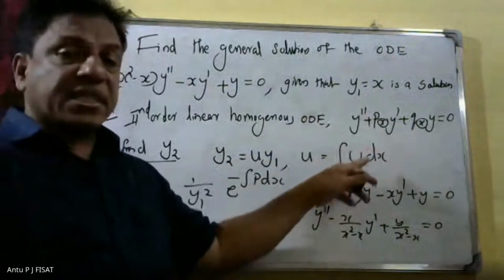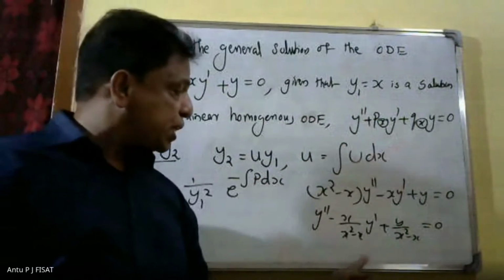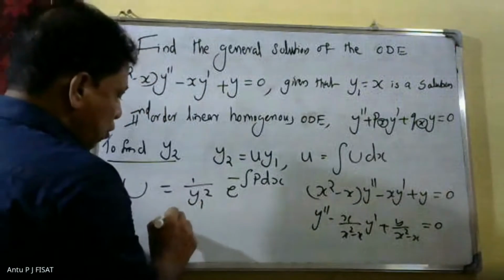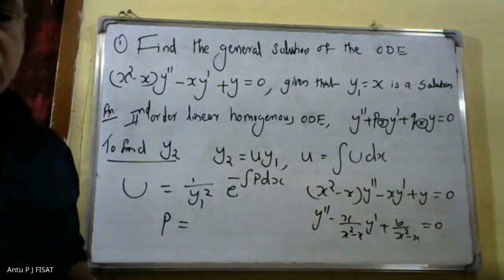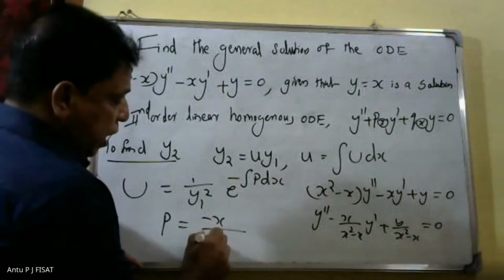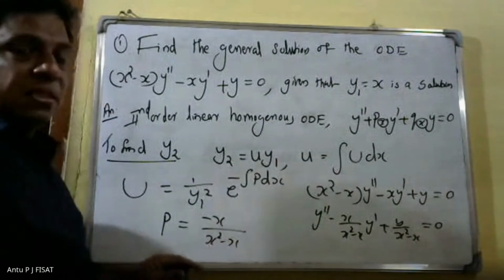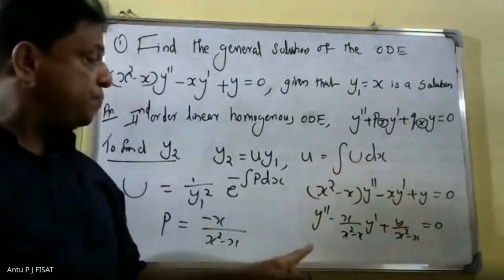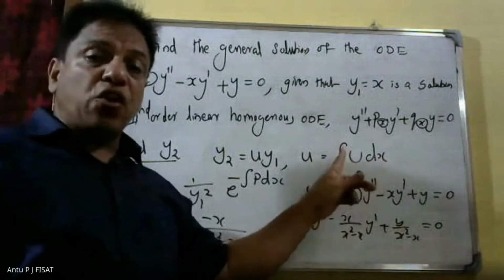After that, we compare with our general form of the ordinary differential equation. Then we get the value of p.